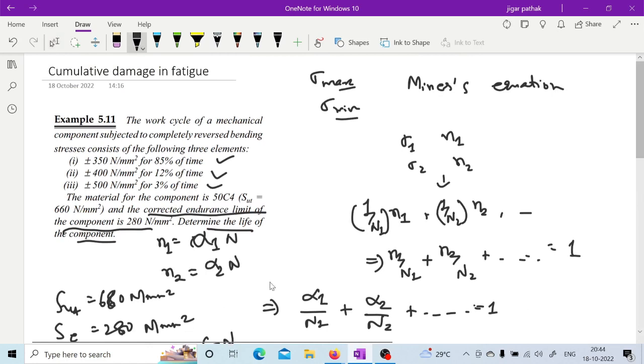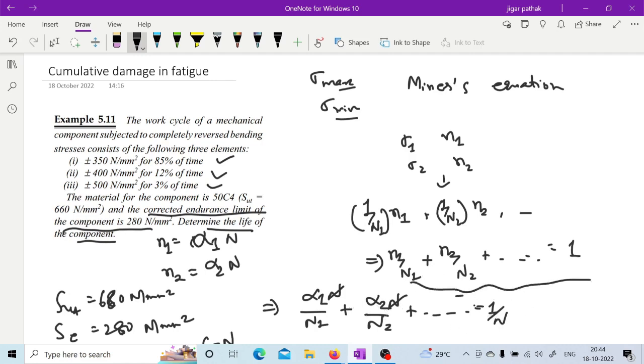So here actually it is 1 by n, because here when you replace n1, n2, it will be alpha 1 and alpha 2, and that is why alpha 1 by n1, alpha 2 by n2, it will be 1 upon n and not 1. In the earlier equation it is 1, but in this equation it is 1 by n.